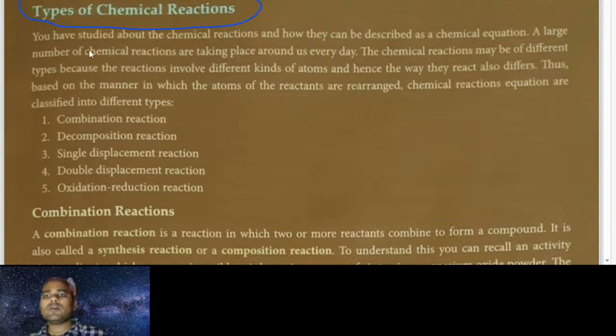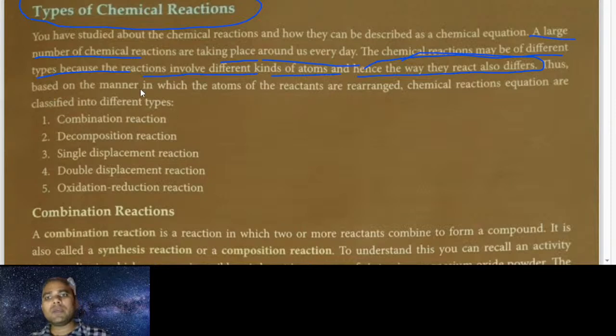Something is given here: a large number of chemical reactions are taking place around us every day. That is the general statement. The chemical reactions may be of different types because the reactions involve different kinds of atoms, and the way they react differs.